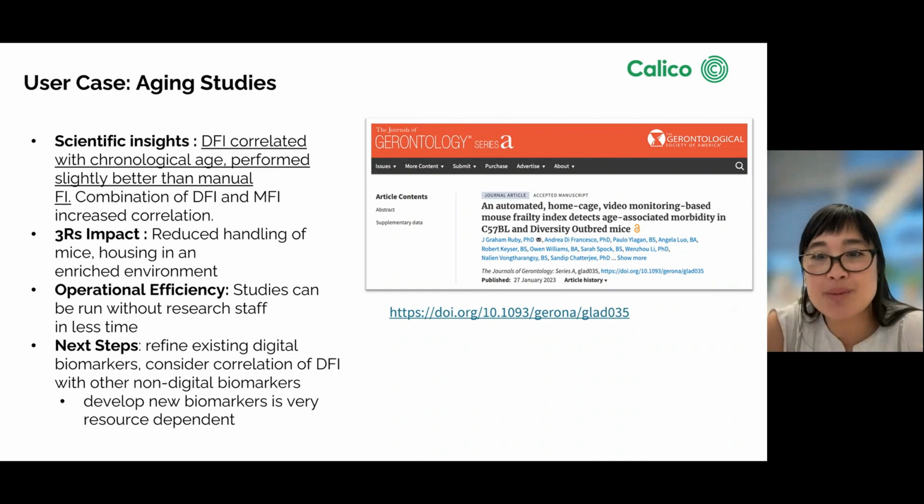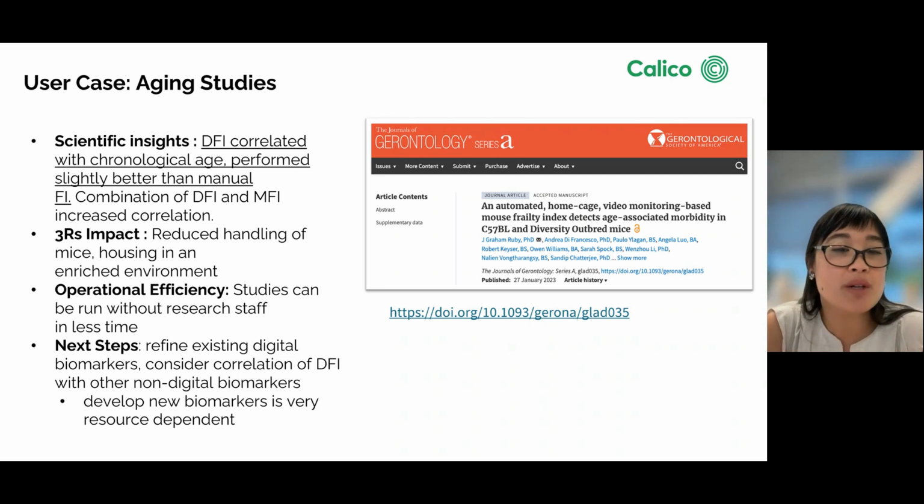However, there is still a lot of work to be done. This was just our first pass. We recognize that we need to refine the existing digital biomarkers. Now, I think a lot of folks will be like, well, maybe you could look at another biomarker, but it's also really important to note that developing new biomarkers is very, very resource dependent. And that's really leaning heavily on the computer science and computer vision folks.